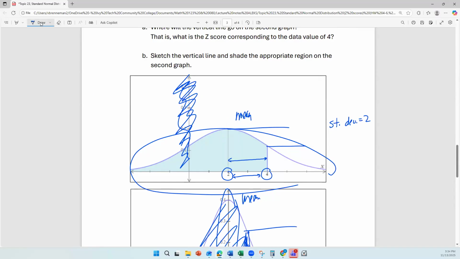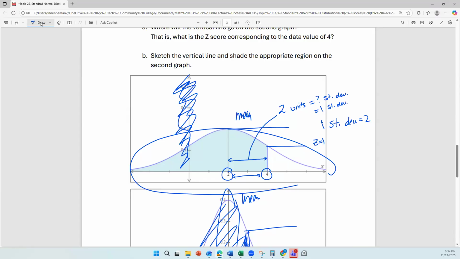From the center to the line is 2 units, from 2 to 4. How many standard deviations is that? One standard deviation is 2 units, so this is 1 standard deviation. The number of standard deviations is the z-score, so z equals 1.